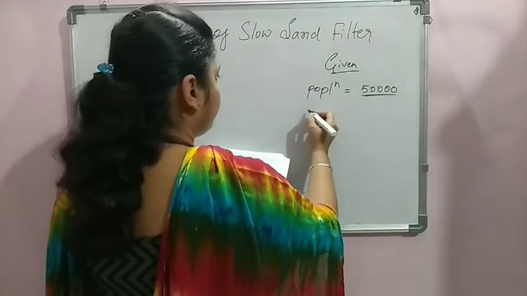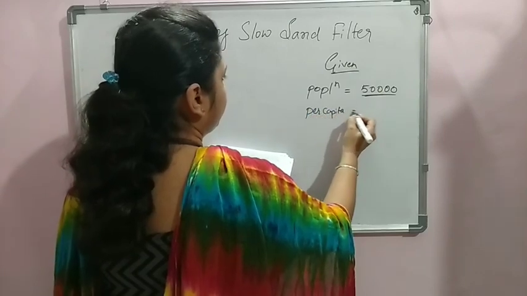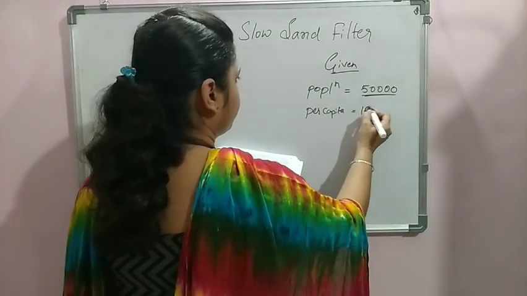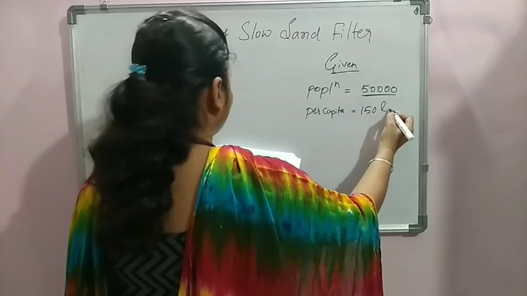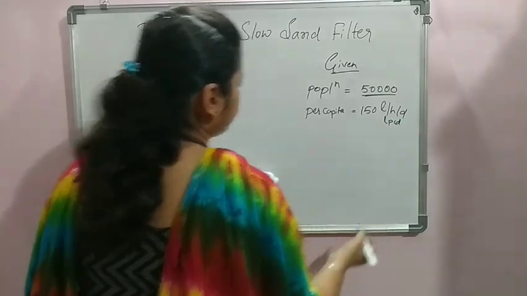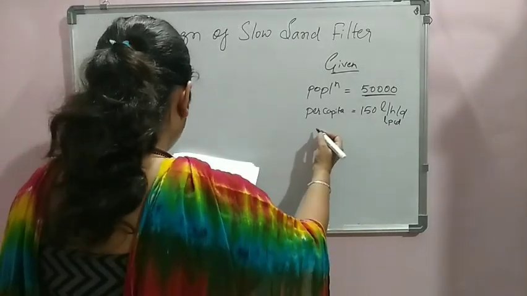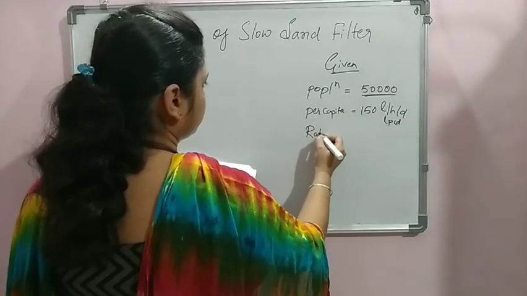Next they have given per capita demand. Per capita demand they have given as 150 liters per head per day, or we can write it as LPCD. Both the units are okay. Next is rate of filtration.